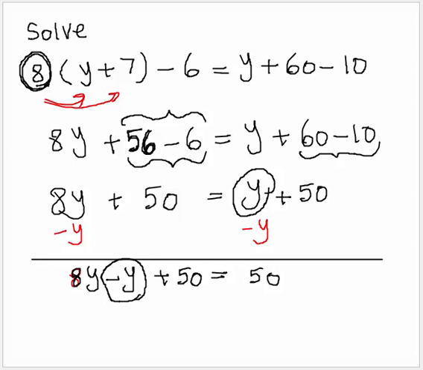And then up till this point, you combine like terms. 56 minus 6 would be 50. Now if I subtract y from both sides of the equation, as you see, when you do that, it looks like I'm moving this y on the right hand side to the left hand side, and when I do that, the sign changes to its opposite sign.